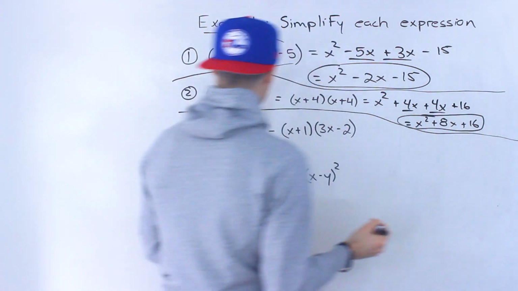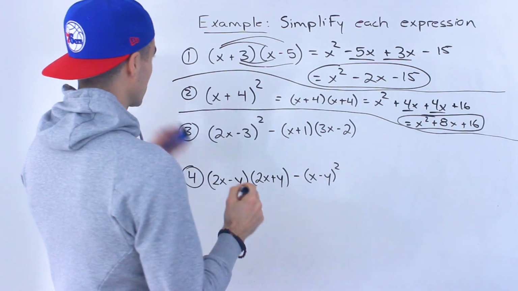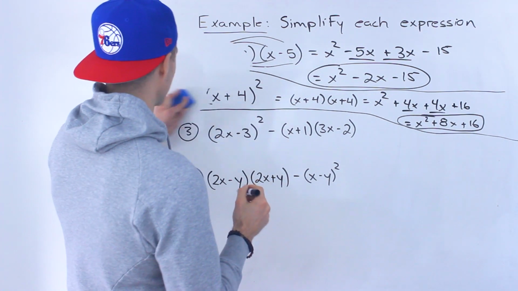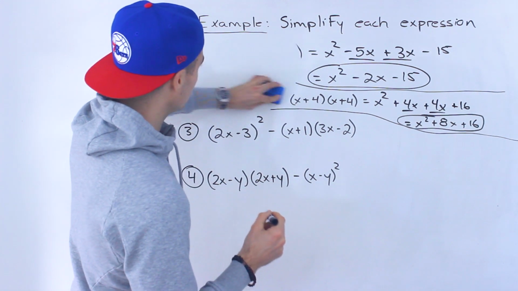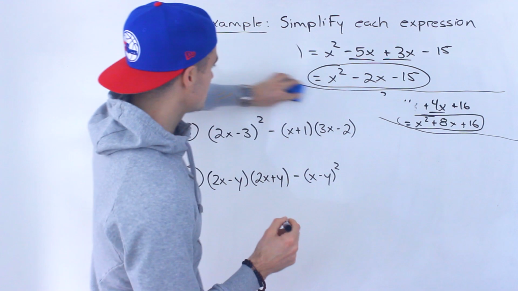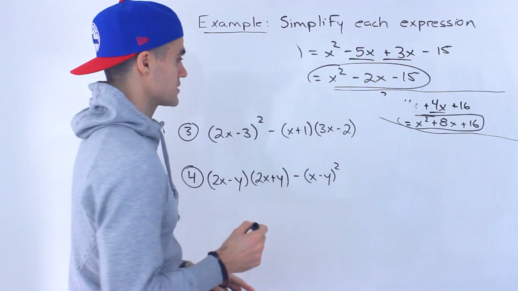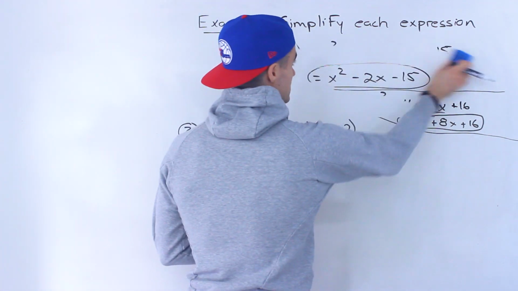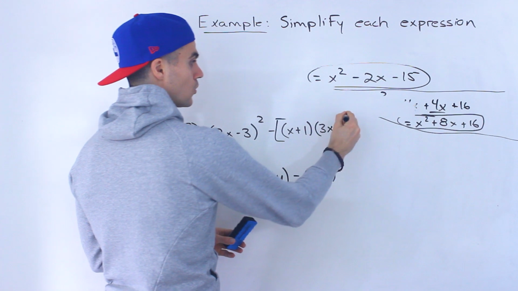And then number 3 and 4 are going to be a little bit more tricky. They're going to require a little bit more algebra. I'm actually going to erase all this here, give myself some more room. So we got 2x minus 3 to the power of 2 minus x plus 1 times 3x minus 2. Now you got to be careful with stuff like this because this minus here, we're subtracting this whole expression.